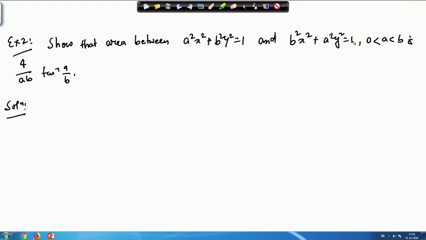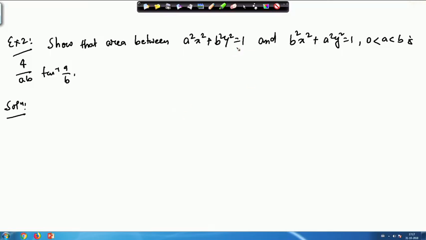So in that case it's basically an equation of an ellipse. Actually, we don't have to multiply or divide anything. We can write x square by 1 by a square and y square by 1 by b square, and that will be sufficient.